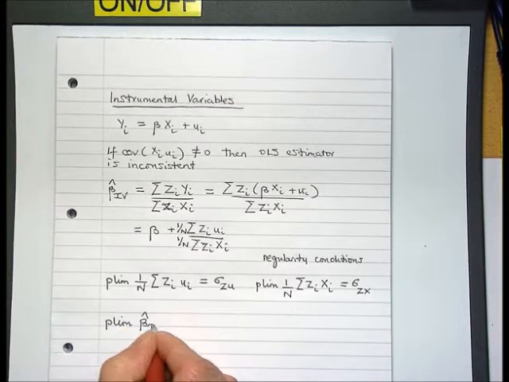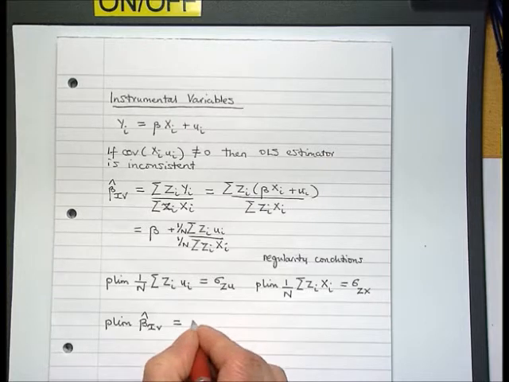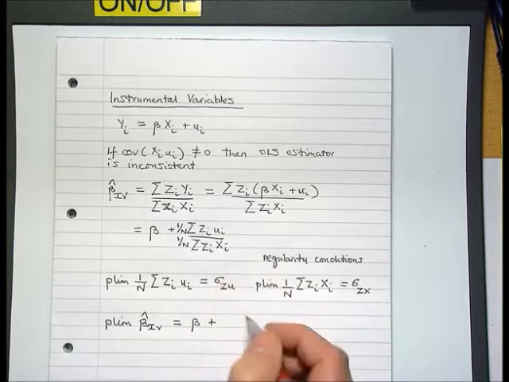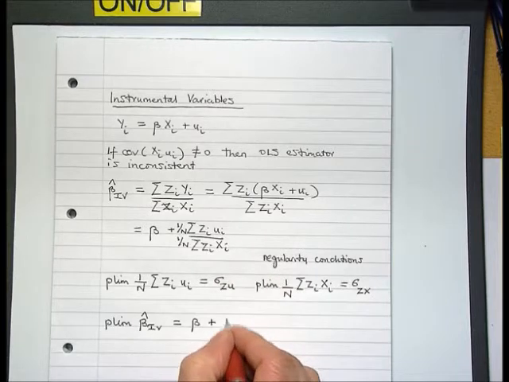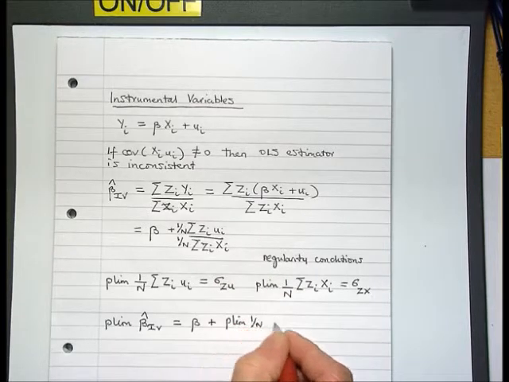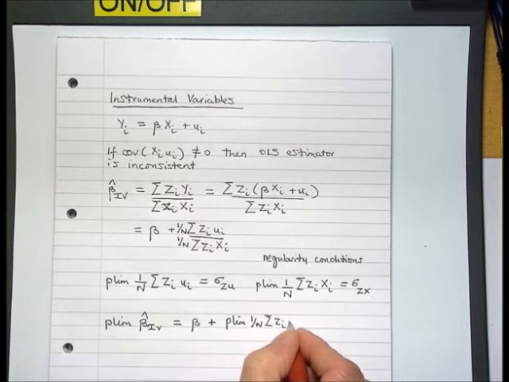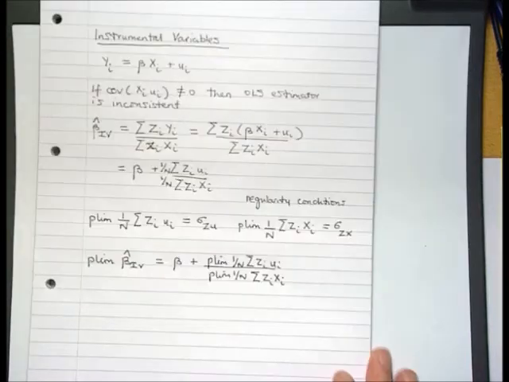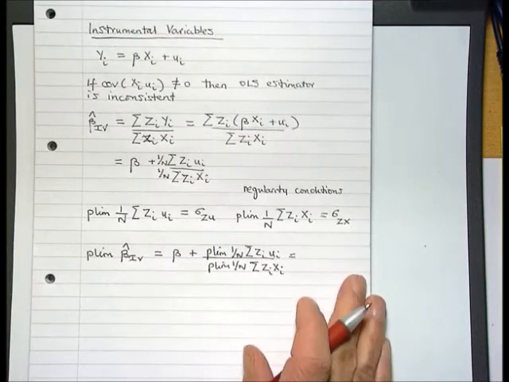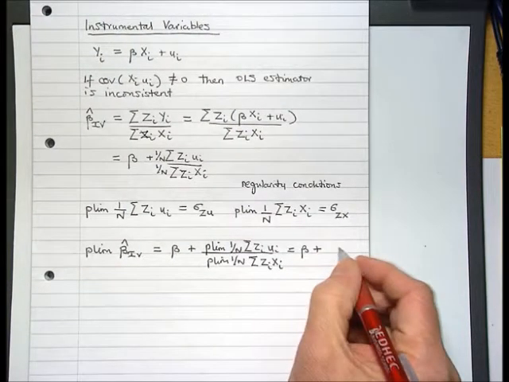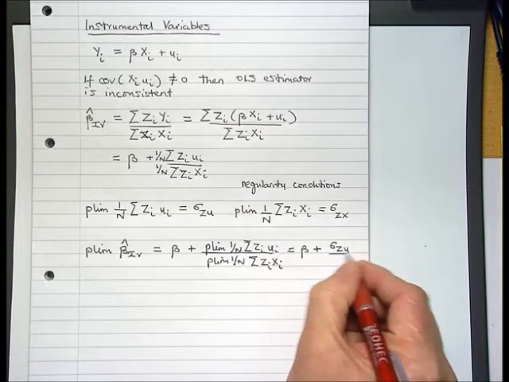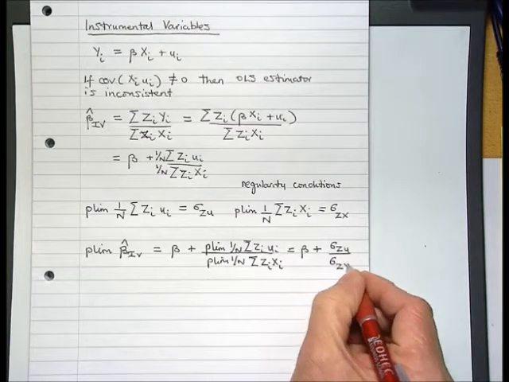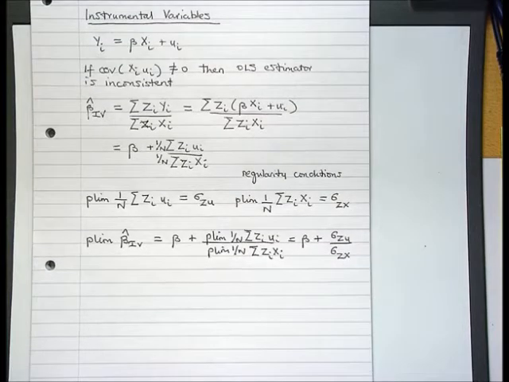We can take the probability limit of beta hat IV, which will be equal to beta plus the probability limit of the top line here, so that's plim 1 over n times the sum of z u, divided by plim 1 over n times the sum of z x, by the properties of plims. And of course that in turn can be written as beta plus the covariance of z and u divided by the covariance of z and x.